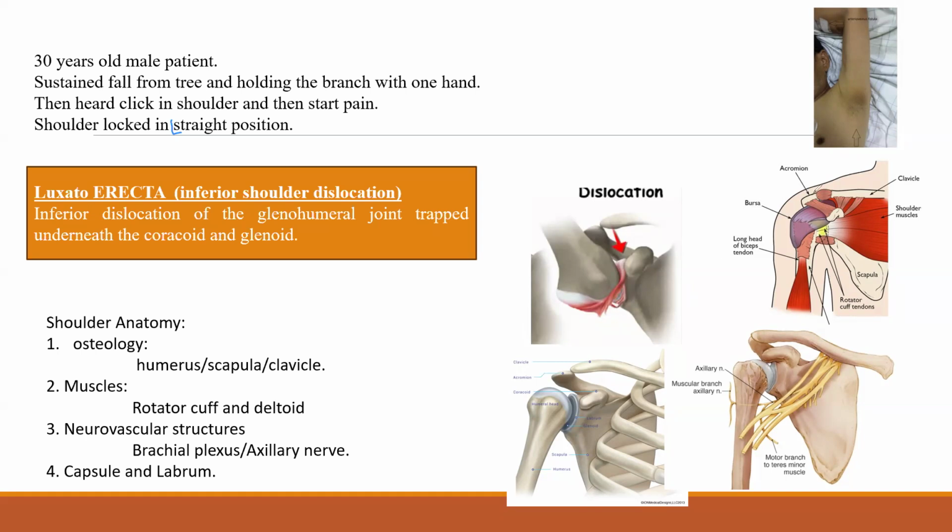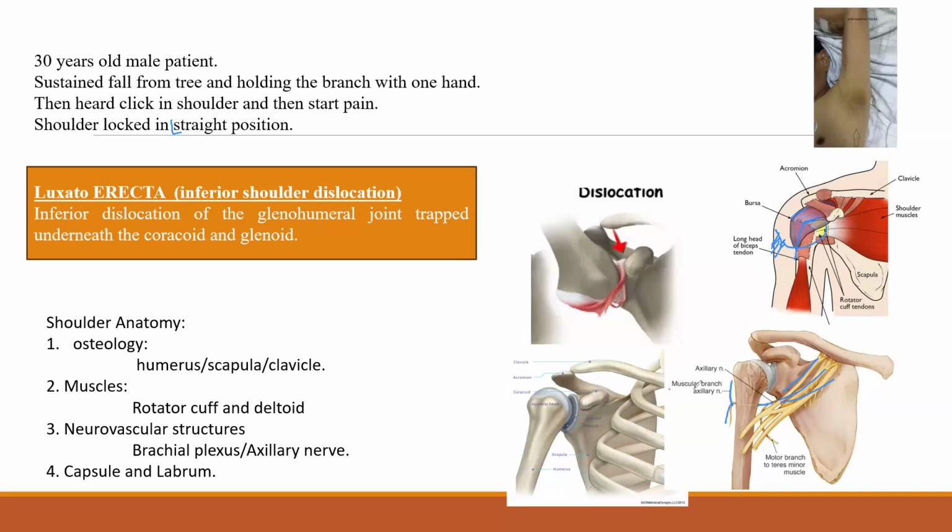So these are the important structures around the shoulder. We have done this already. Anteriorly, we have subscapularis. Superiorly, we have supraspinatus. Then the deltoid muscle coming here. And we have the axillary nerve coming in here like this and supplying the lateral aspect of the proximal humerus. This is how the neural bundle, the brachial plexus, comes out here, and the branch of the axillary nerve comes out here.